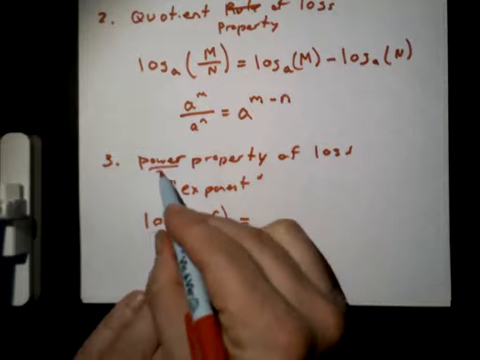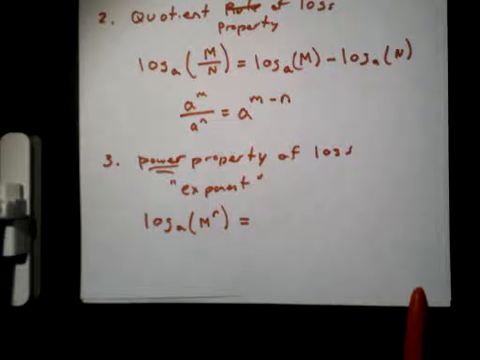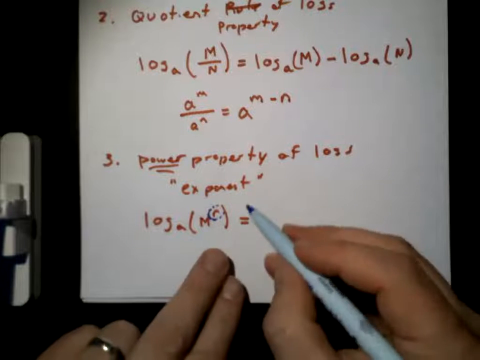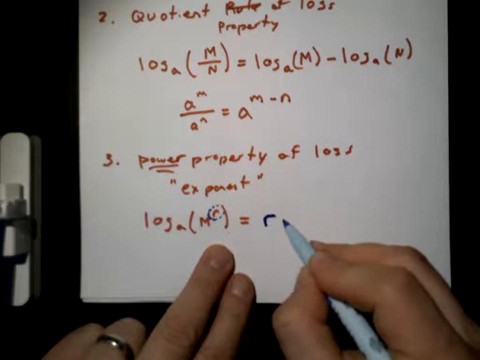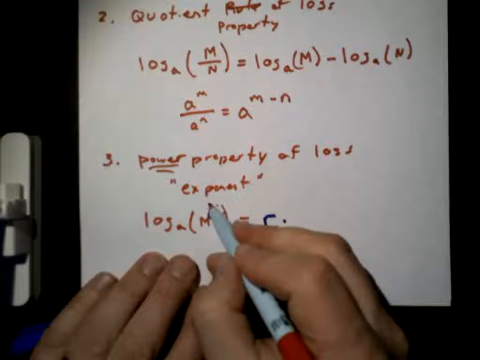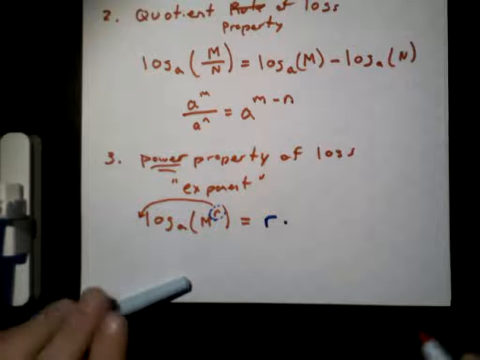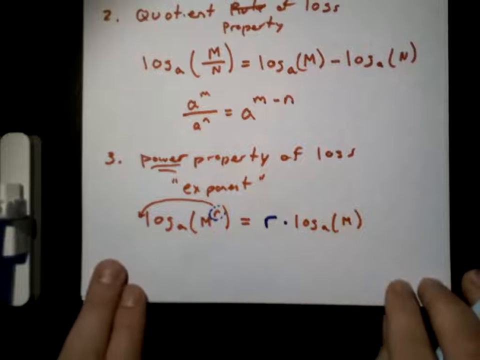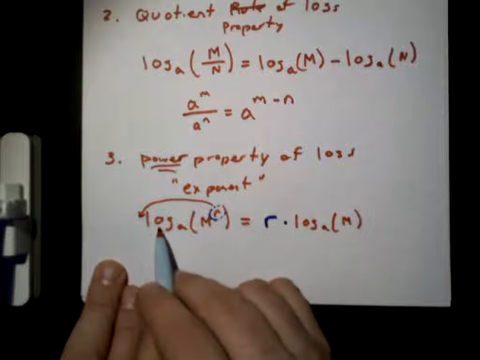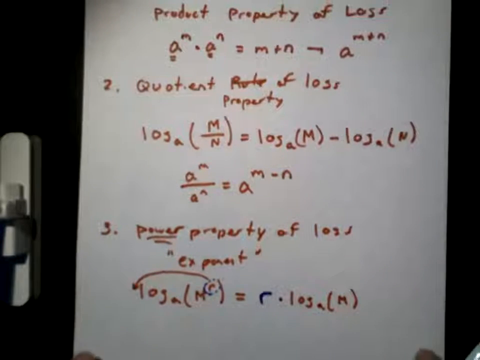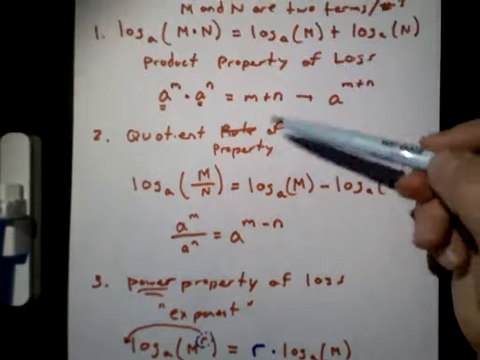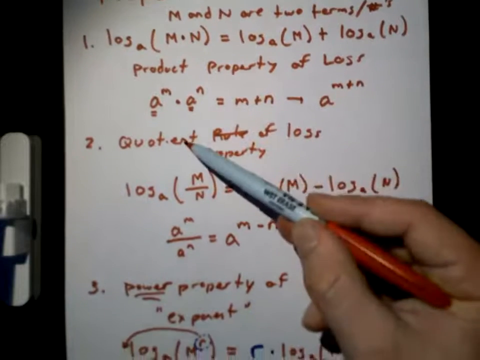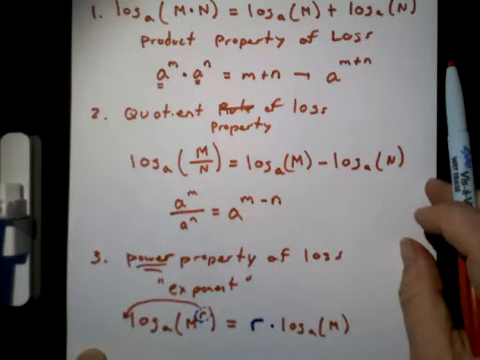The power property says that I'm going to take my r, my exponent, and that exponent comes in front. And then this is going to be r times log base a of m. So the exponent says I get to come in front. I'm hoping that makes a little bit of sense with the three properties here: the product property, the quotient property, and the power property.